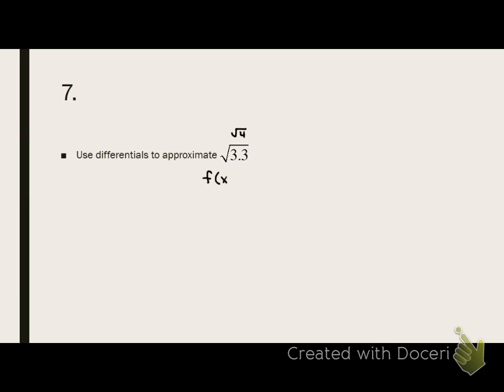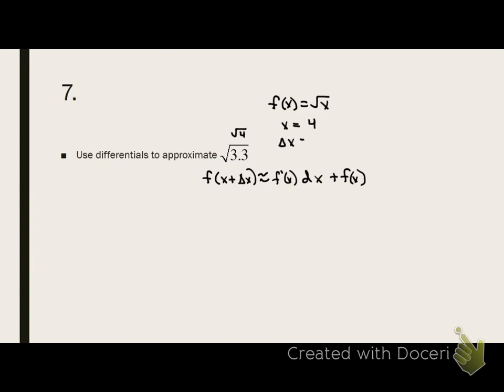We're going to solve for f of x plus delta x, which is approximately equal to f prime of x dx plus f of x. What we're going to establish is f of x, and you saw me do this one the other day, is the square root of x. x is 4.